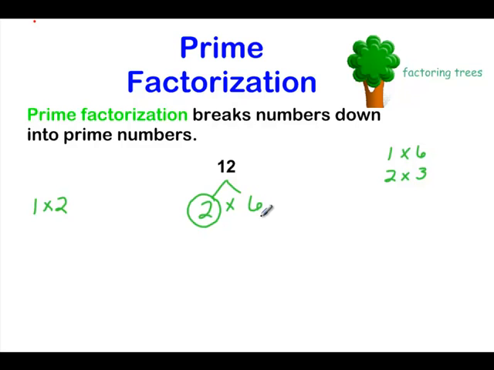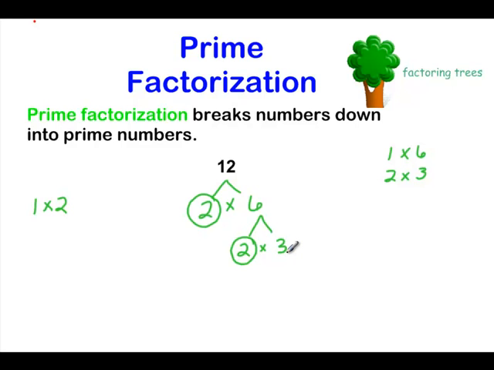So let's do another tree branch off the number 6, and let's use the factors 2 times 3. Once again, I know that 2 is a prime number because the only numbers that you can multiply together to get 2 are 1 times 2. But what about 3? Is it prime or composite?